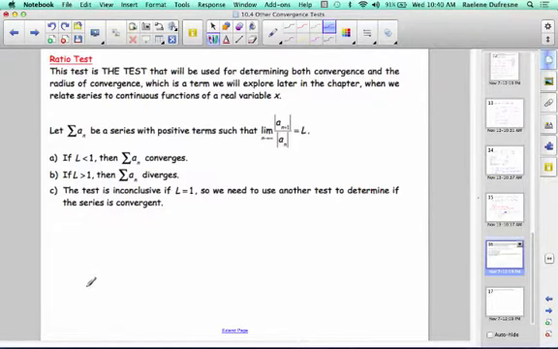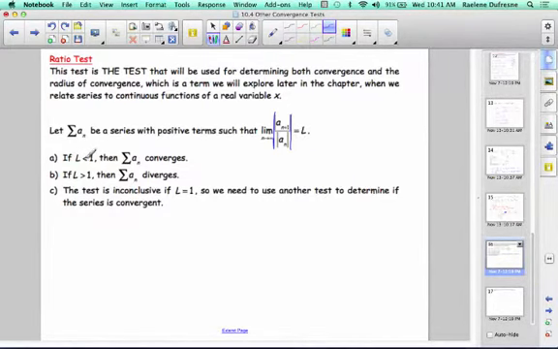So the ratio test says to let the series an be any series with positive terms. And we are going to let L be the limit as n approaches infinity of the absolute value of an plus 1 over an. This could all be in one great big absolute value. So we know that the value for L will only be positive.